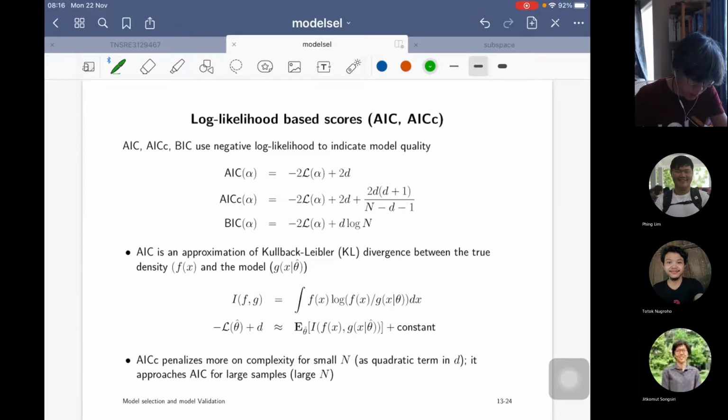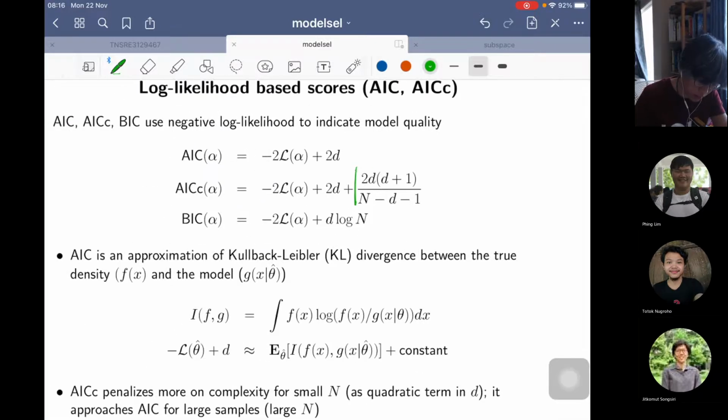For AICc, you will see that there's an additional term here in the green box. This green box is also a function of D that represents the model complexity. When n is small, this can represent the finite sample scenario.